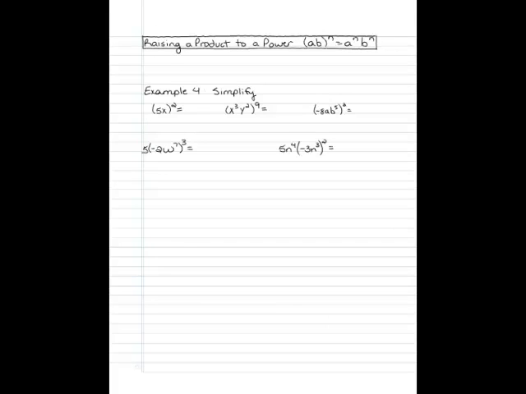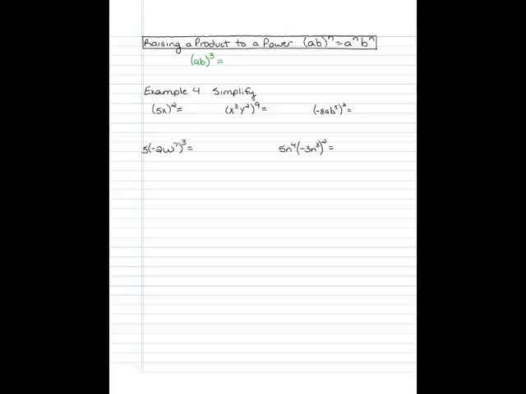Now the next property of exponents we will be working with involves raising a product to a power. In general form, you have a product inside parentheses. Here I have AB raised to some power, and the result is raising each of the factors of the product to that power. So an example would be AB cubed.